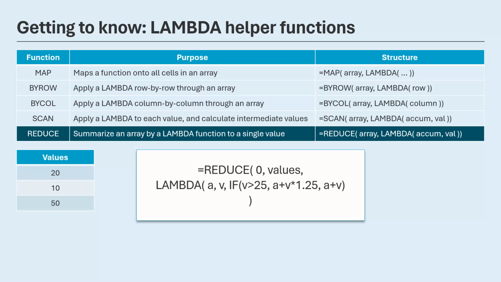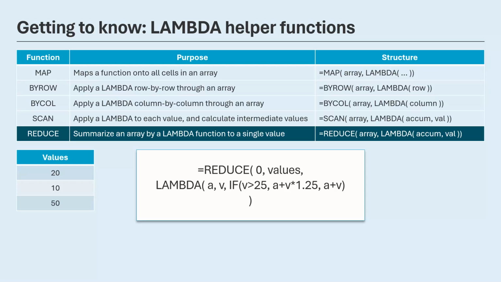So we take the reduce function, we put in an initial value of 0, and all of these values, 20, 10, and 50. And then we say, okay, if the value of a particular entry in this array is greater than 25, do one thing, and if it's not, do a different thing.